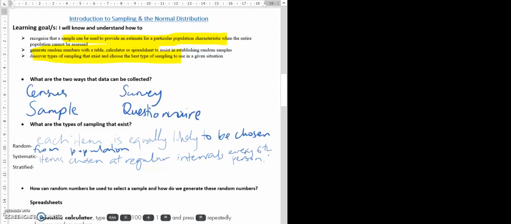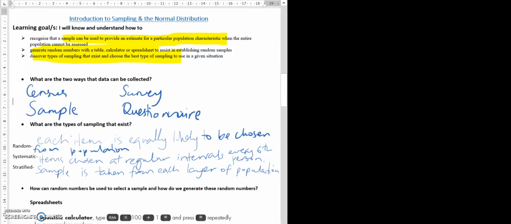Stratified sample is where basically the sample has layers and a sample is taken from each layer of the population. Okay, so for example, if your data showed 20% English, 80% Chinese, the sample would have to reflect that as well.